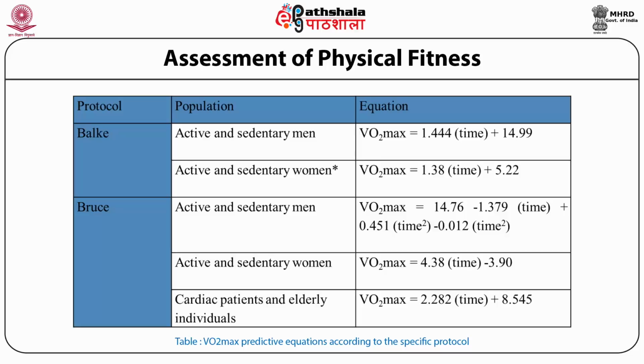However, as per the Bruce protocol, for the same category, that is active and sedentary men, the VO2 max is equal to 14.76 minus 1.379 multiplied by time plus 0.451 multiplied by time square minus 0.012 multiplied by time cube.